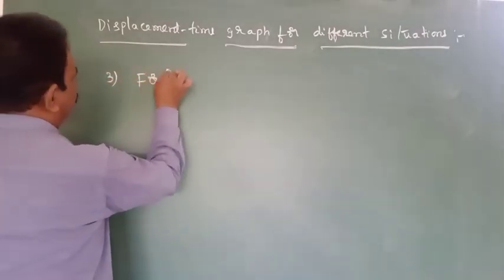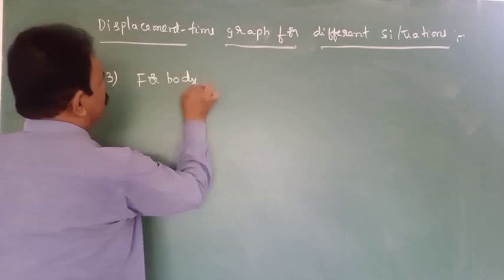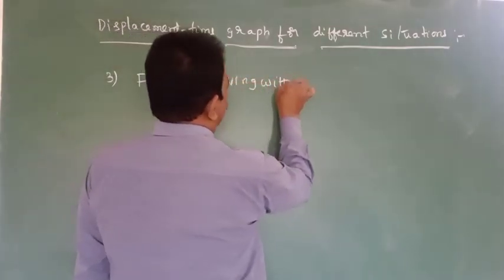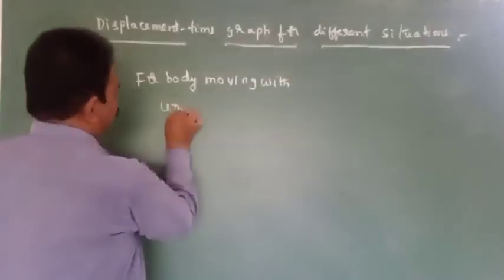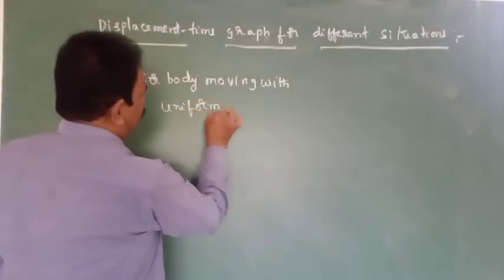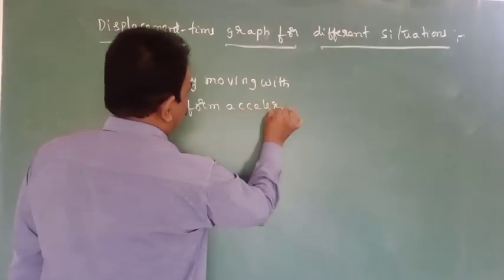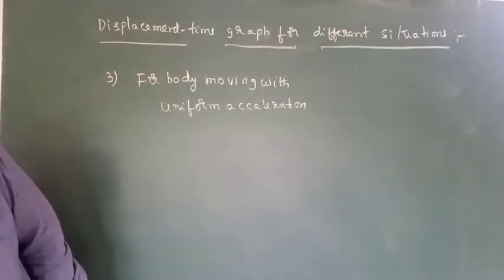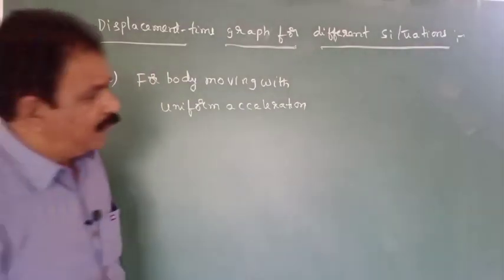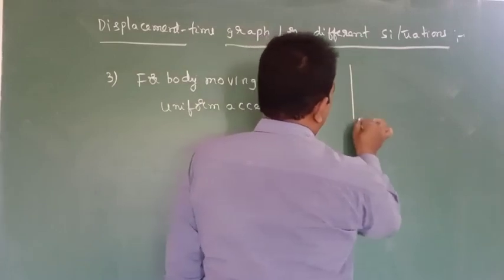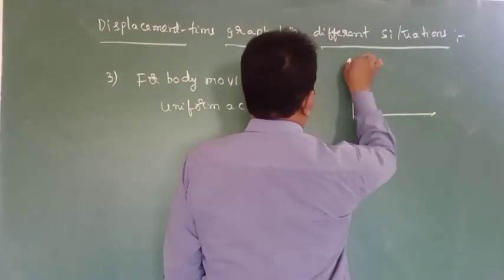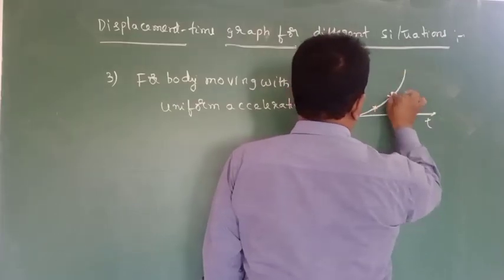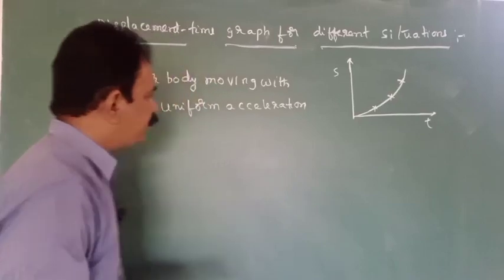Now, for a body moving with uniform acceleration, the shape of the graph will be in this manner. It will be like this. Okay?